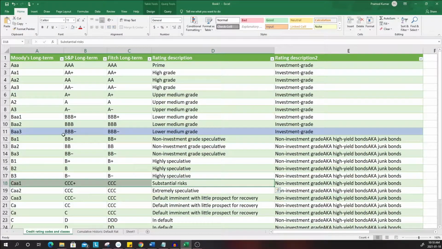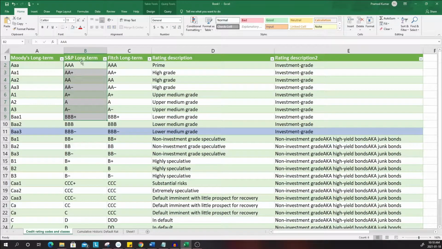Now, these naming conventions or codes are used by three different companies: Moody's, S&P and Fitch. If you want to compare the rankings between Moody's and S&P, if Moody's says Aaa on a bond, that is equivalent to AAA on S&P, and Fitch is AAA.